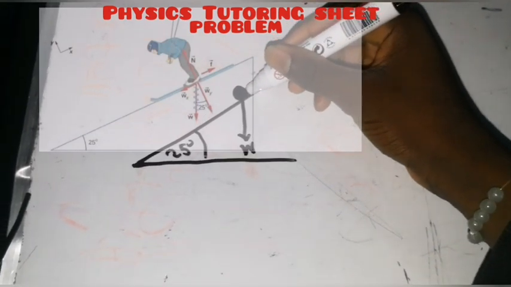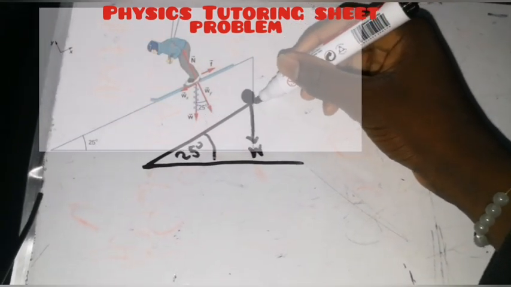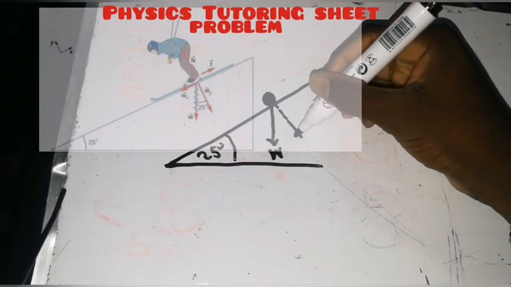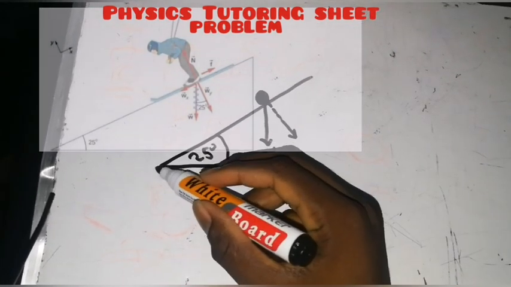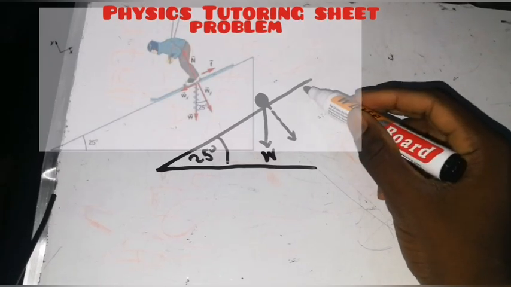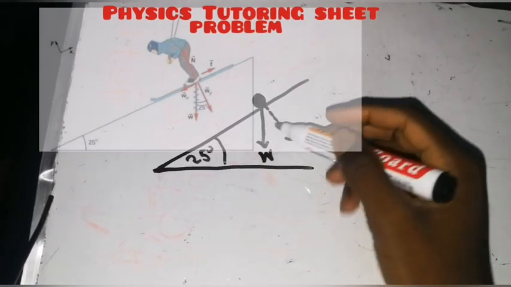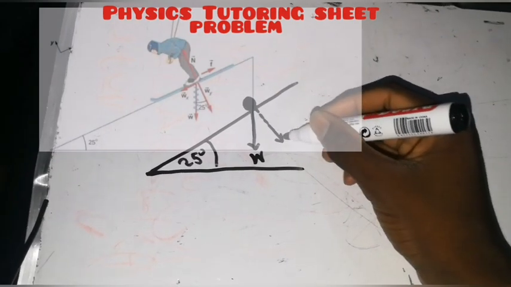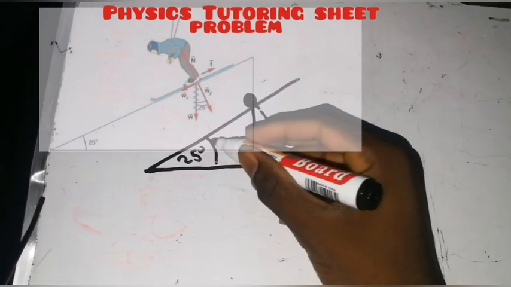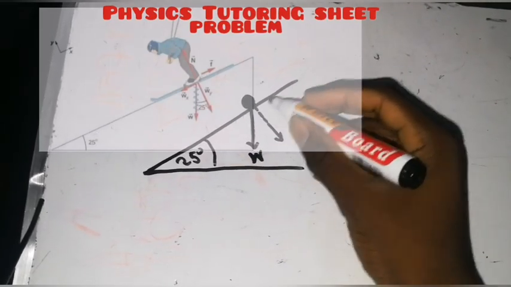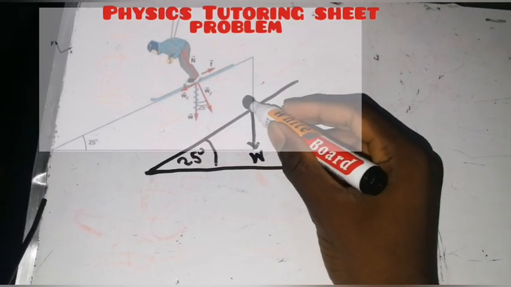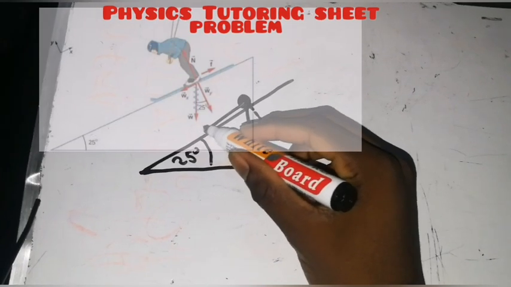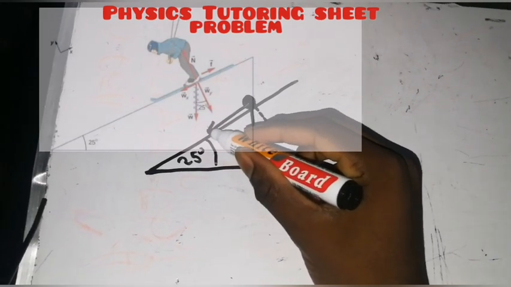There is a section that acts on the surface of the inclination, in this case it could be a ramp, acting perpendicularly on the surface. Then there's another one that acts parallel to the inclination.